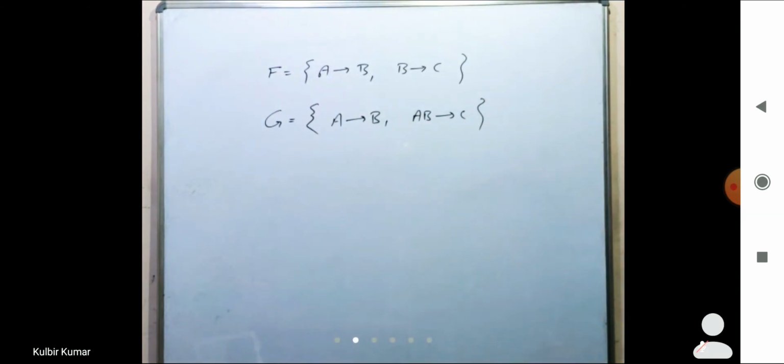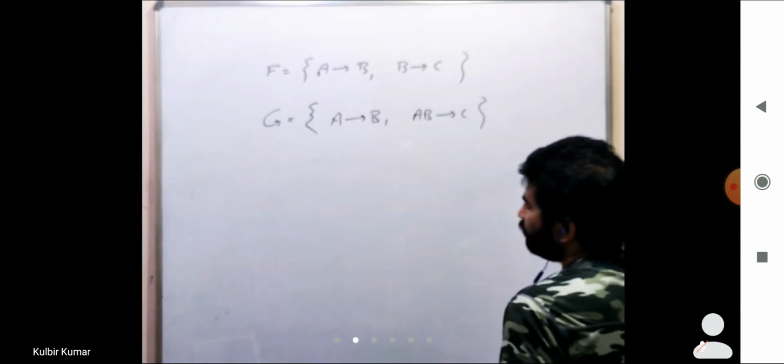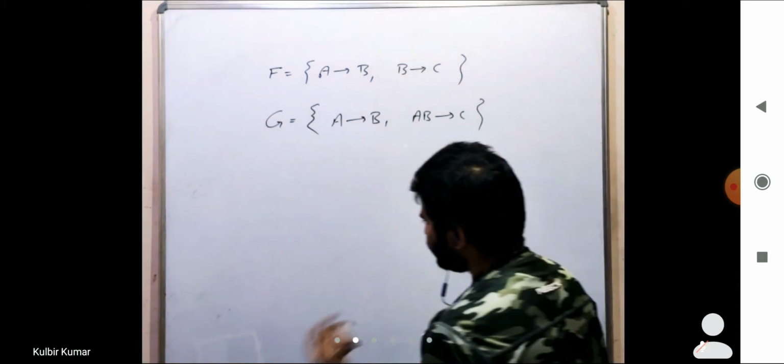Right? These are the two functional dependency sets given. Now we want to find out whether F and G are equivalent or not.